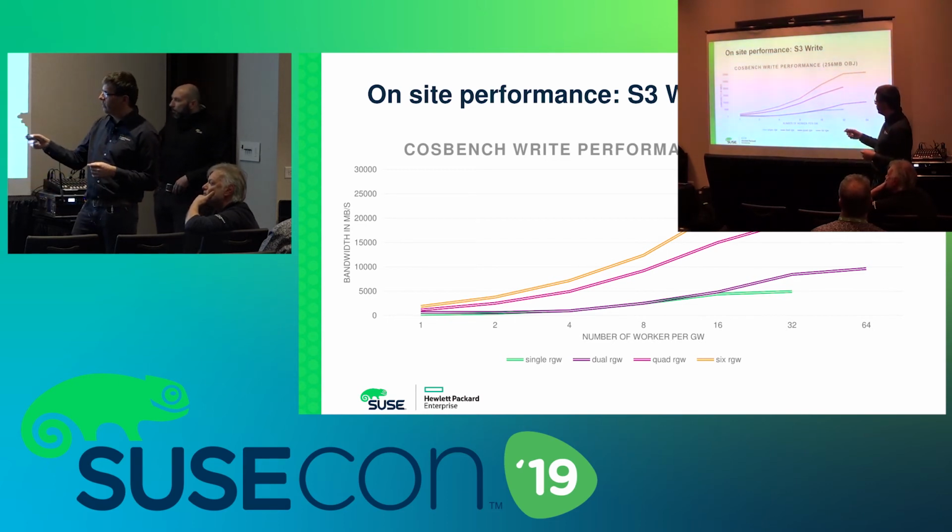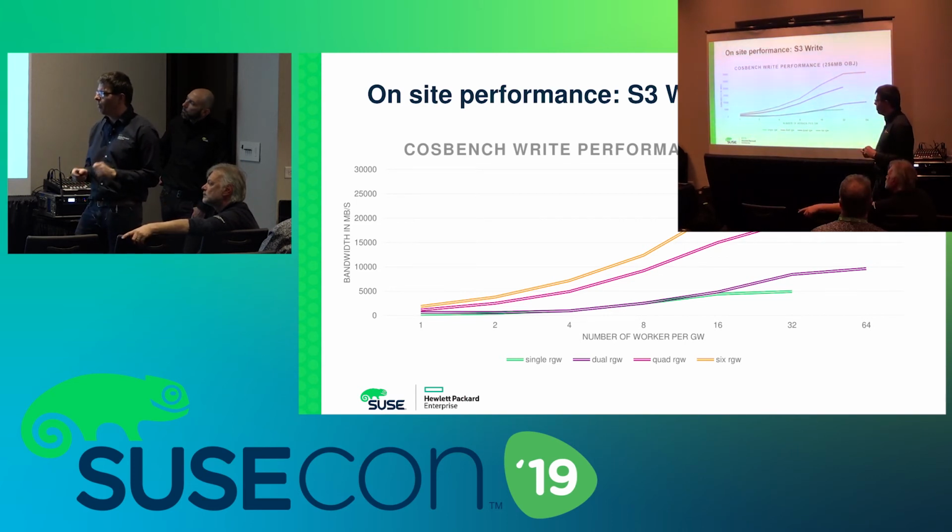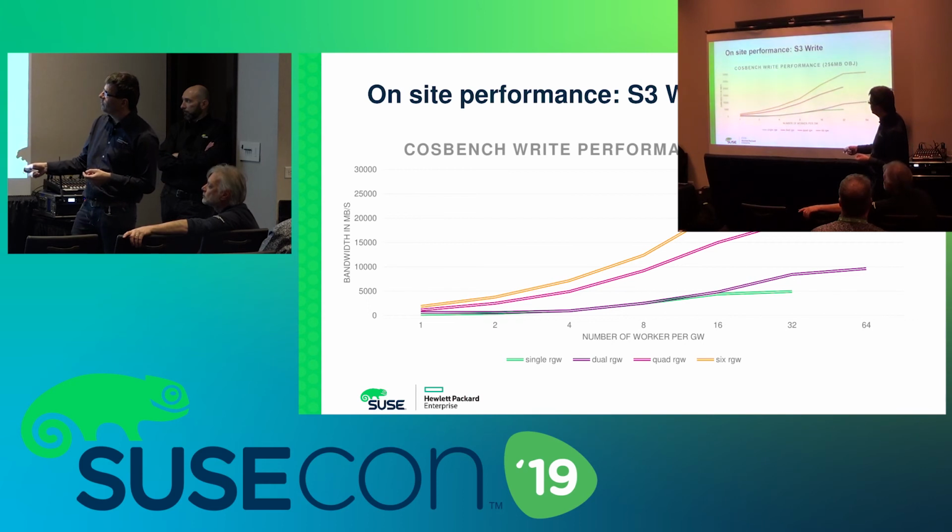Anyway, I used COSBench. For those who don't know, this is a benchmark tool written by Intel in the first place that basically allows you to send S3 requests in parallel. It could be get, put, create, whatever, and you can measure the numbers. What I did is I ran the benchmark against 1 routers gateway, 2, 4 and 6, and looked at the performance.